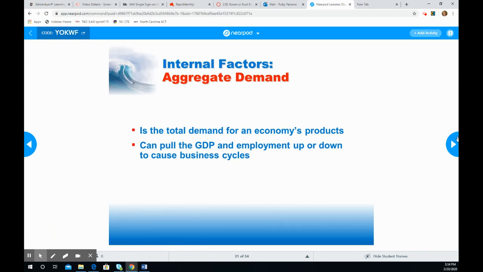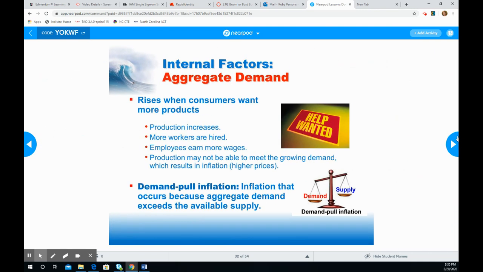So when you're thinking about internal factors, let's think about aggregate demand. This is the total demand for an economy's products. You can pull that GDP, gross domestic product, and employment up or down to cause the business cycle. Aggregate demand rises when consumers want more products. If we're wanting products, then production is going to increase.